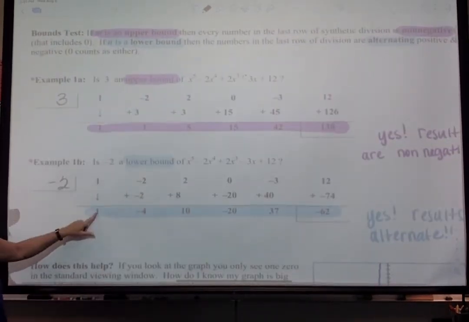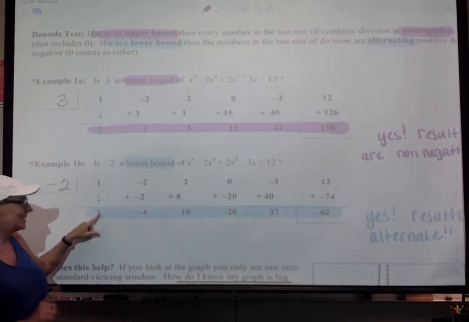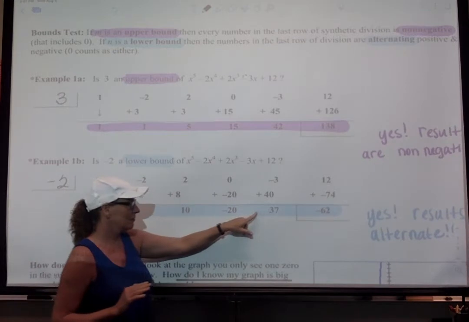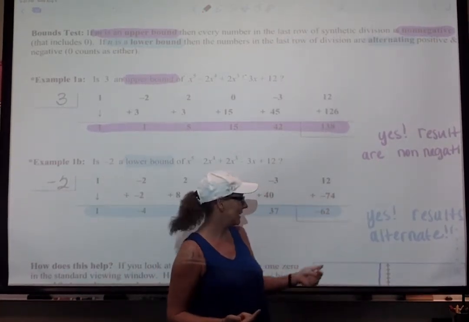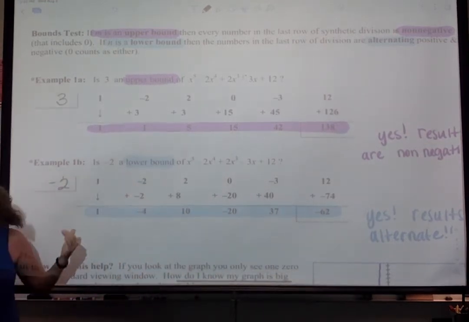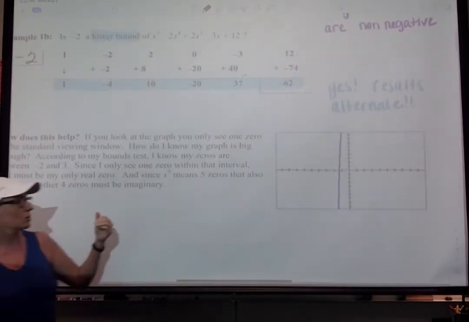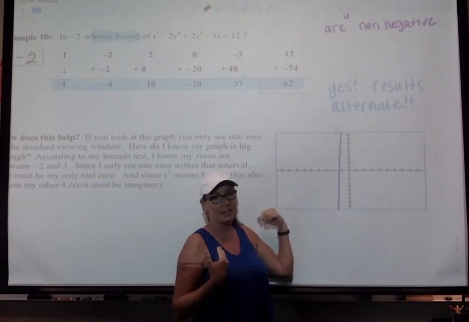So it started negative. Just kidding. It started positive. So it goes positive, negative, positive, negative, positive, negative, yes. It passes the alternating test, and that tells me that -2 is a lower bound. Therefore, there are no more real zeros lower than -2.